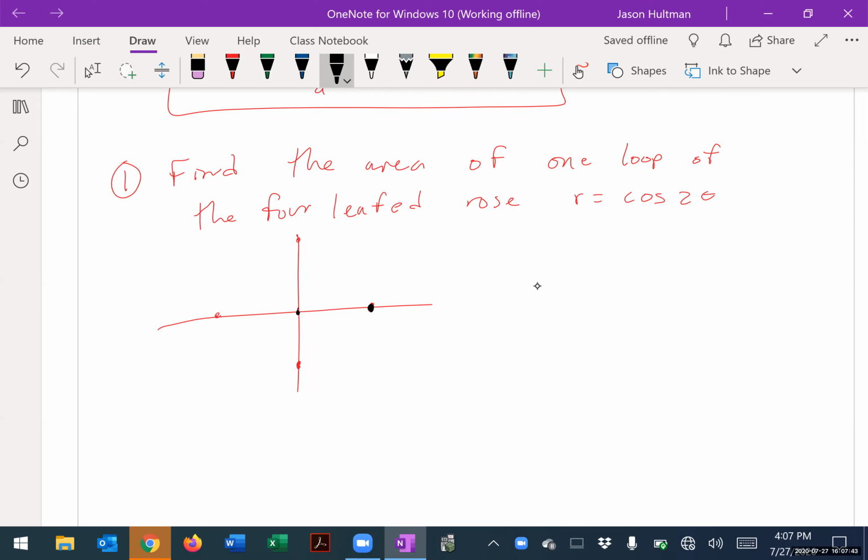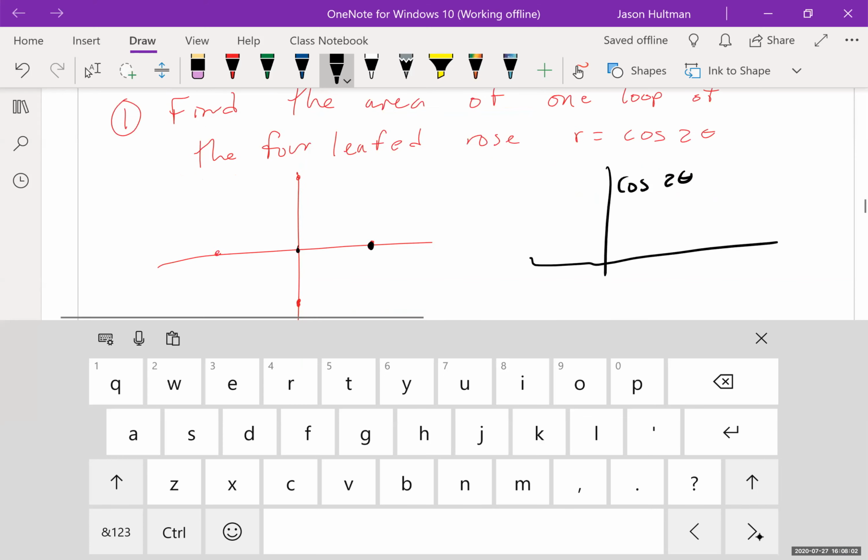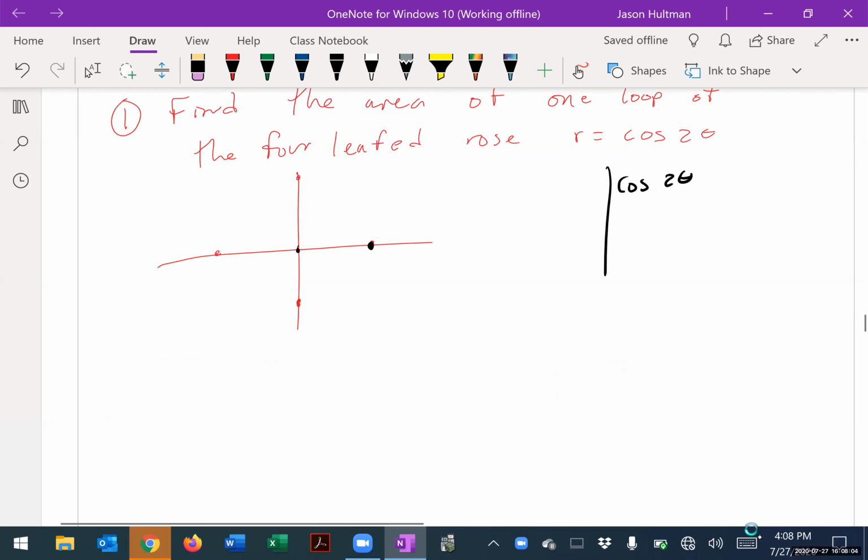Okay, now why is that? Well, let's just do a little bit. Let's see what happens here. I'd like to work with some cosines. So cosine of 2 theta. I'd like to work with some thetas that will make cosine nice. Okay, and so this is going to be 2 theta, right?